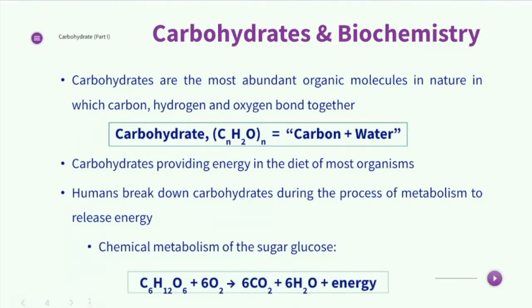So this is an example of the reaction when glucose is broken down to form carbon dioxide and water and also energy. Okay, so we will learn in detail how carbohydrate is broken down in the carbohydrate metabolism lecture.